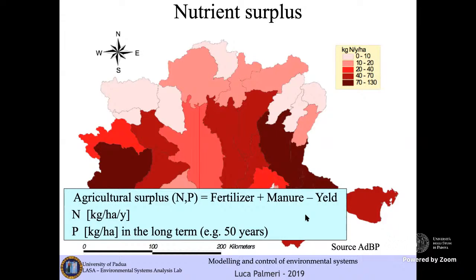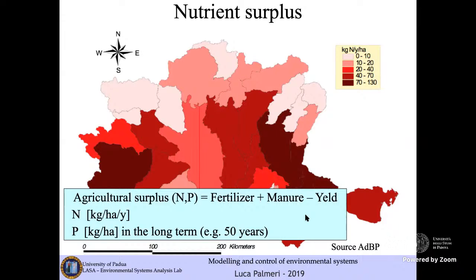This is because production is linked to taxation, and in Italy in particular, we have very large difficulties in finding these figures.